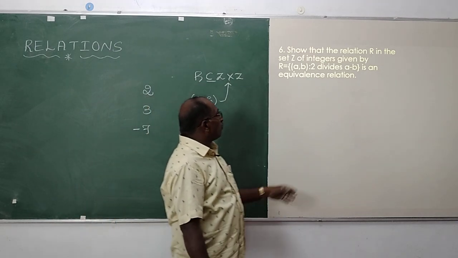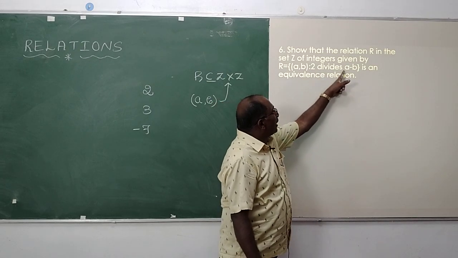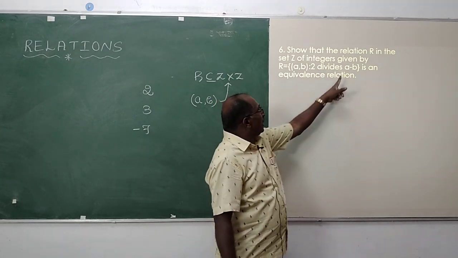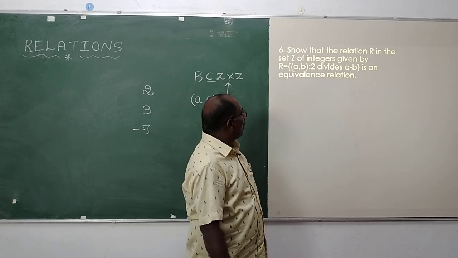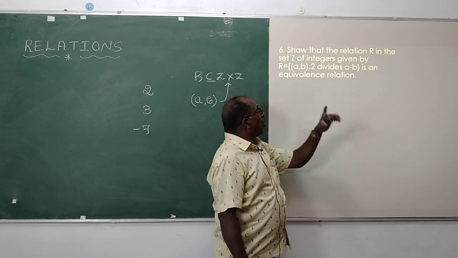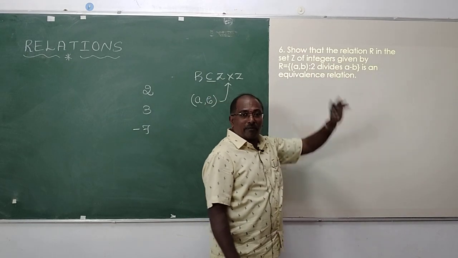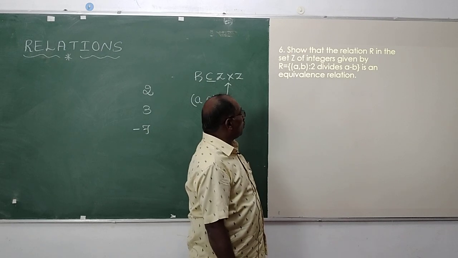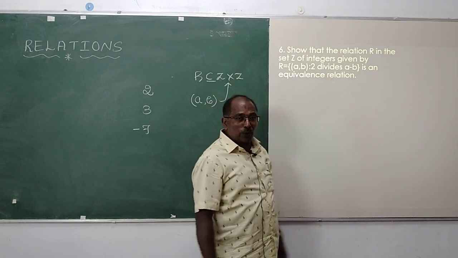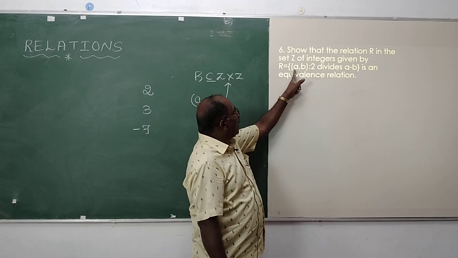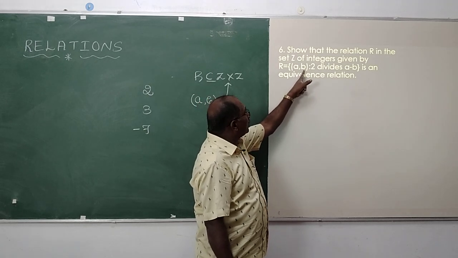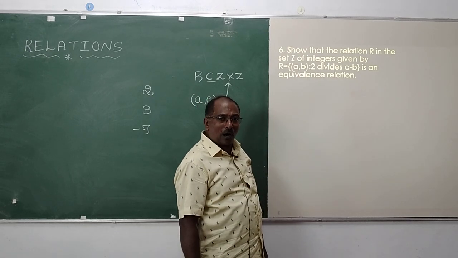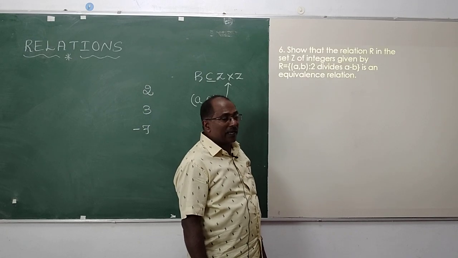It is because 2 divides a minus b means a minus b is even. If a minus b is odd, the statement 2 divides a minus b is not true. The difference of two integers is even if and only if both the integers are odd or both the integers are even.